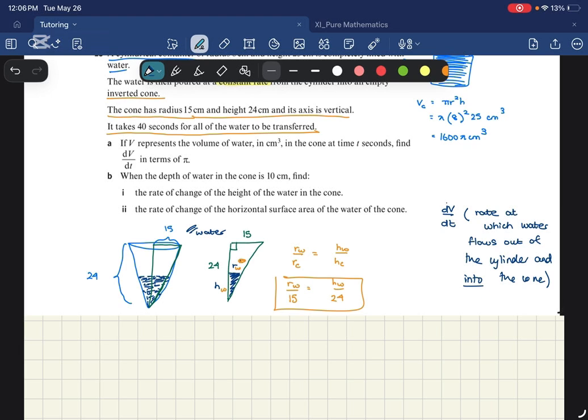So this is the rate of change of the volume of the cone. This is also the rate of change of the water inside the cylinder, and it is also the rate of change of the water inside the cone. All right, for the cylinder, it's negative because it's pouring out. For the cone, it's positive, but it's the same value.